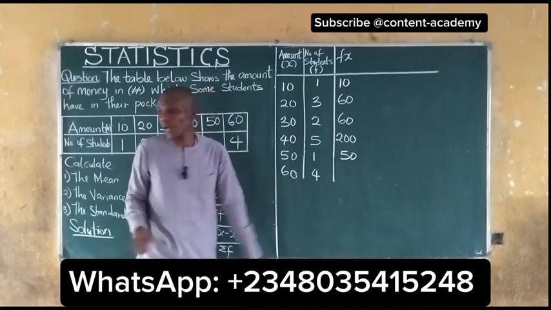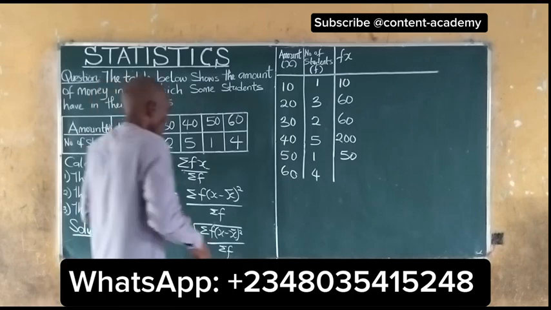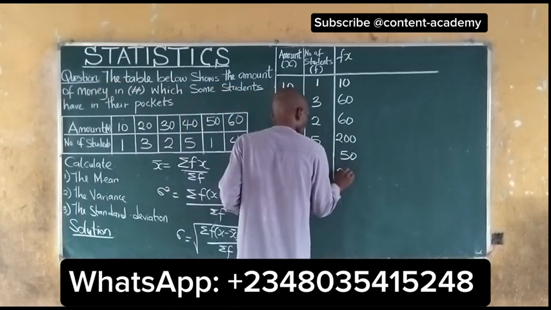And 60 multiplied by 4 is the last we have on that list there. 60 multiplied by 4, we have 240.